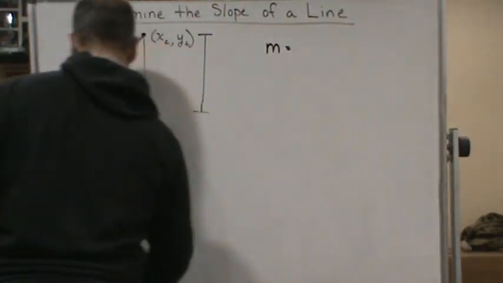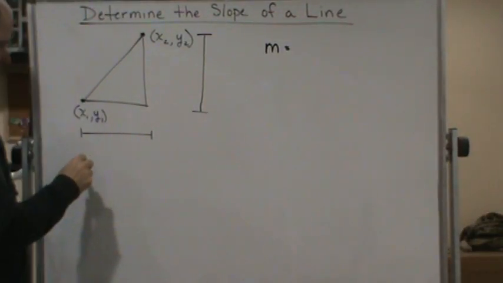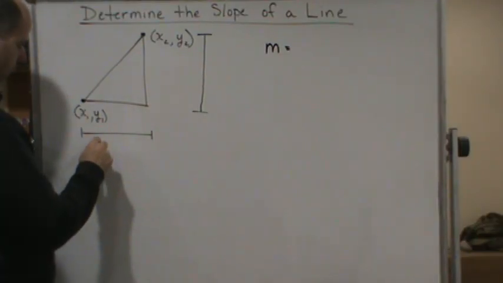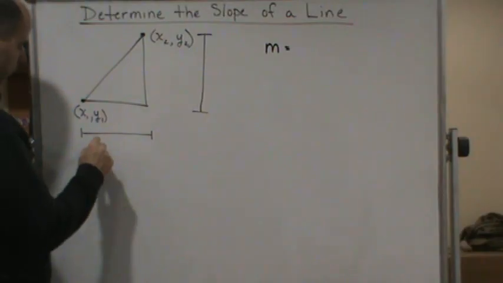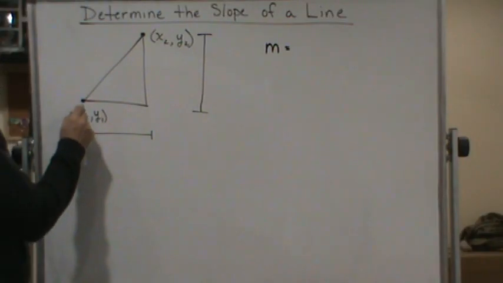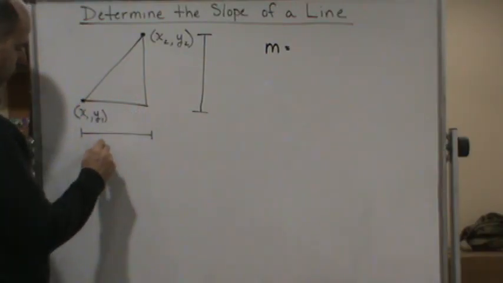If we take our generic example, we want to know what the horizontal change is. The horizontal change would be the change in the x variable from here to here. So what's that going to be?